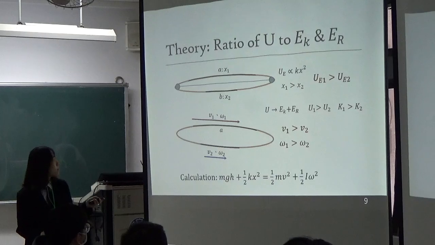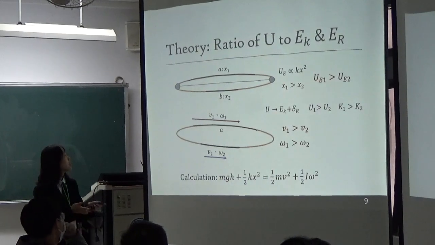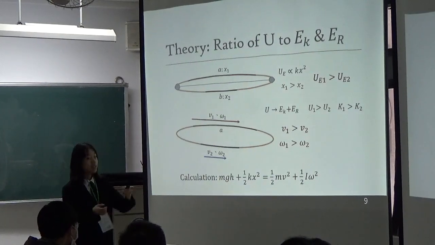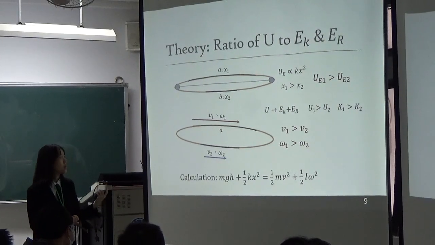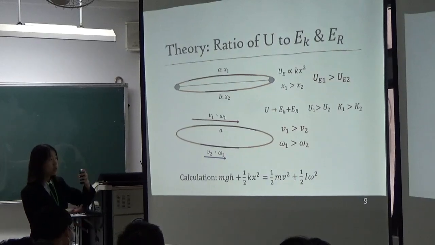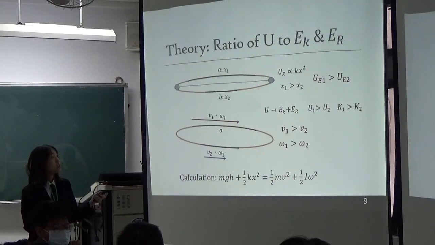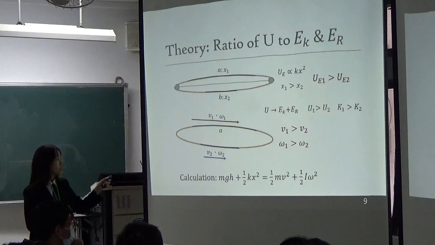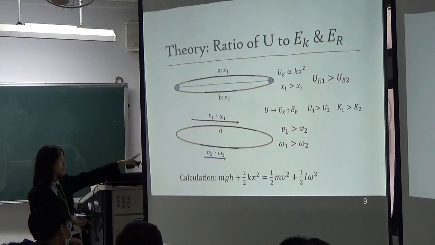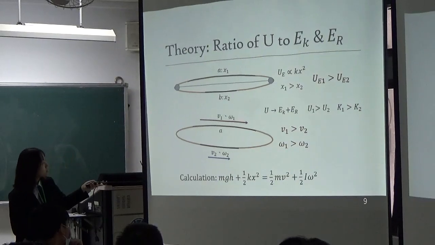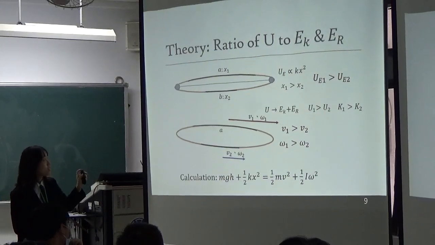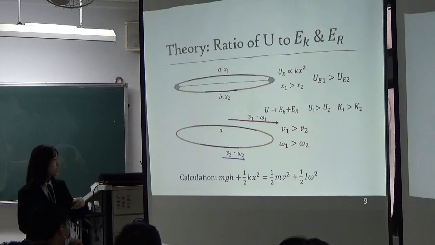In this picture, the A side has a longer stretch and the B side has a smaller stretch, so the A side will contain a larger potential energy. When they are released, the A side will cause a larger velocity and also a rotational velocity. That is why the rubber band will start rotating.